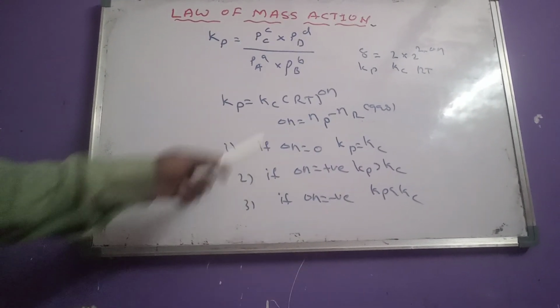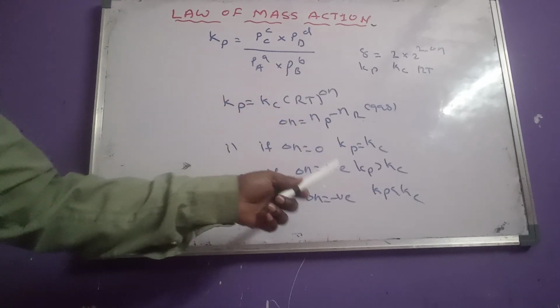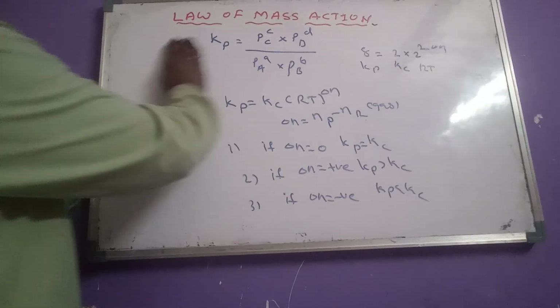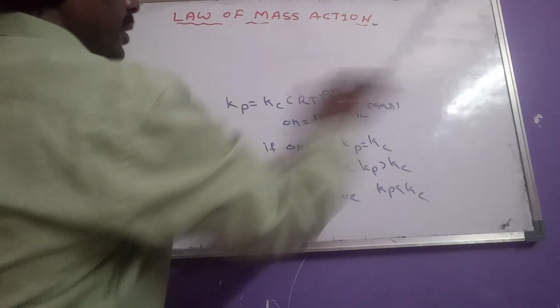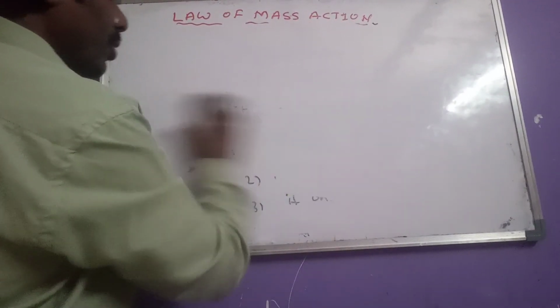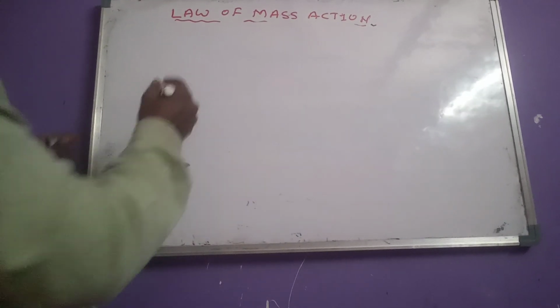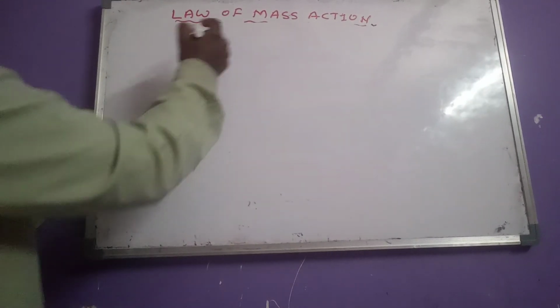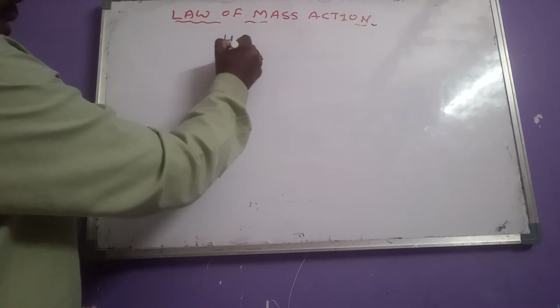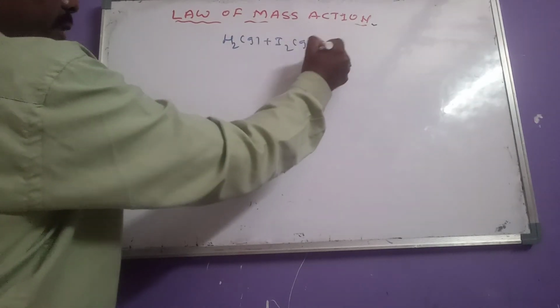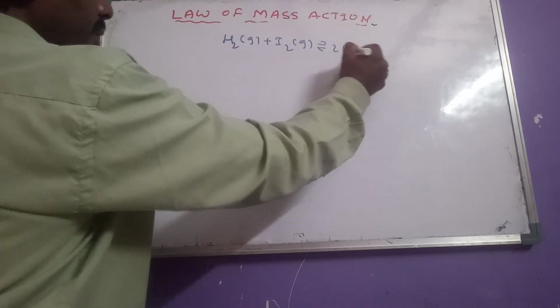Now what are the questions related to these Kp Kc equations? Let us see. The first question: they give the equation and we have to tell the Kp Kc relation. H2 gas plus I2 gas gives 2HI gas.